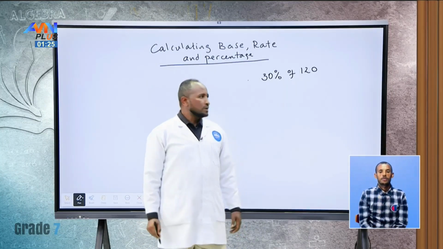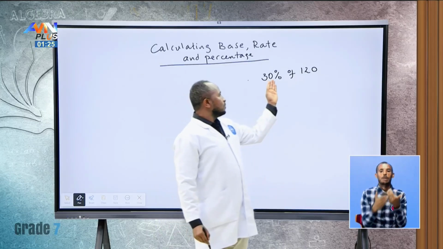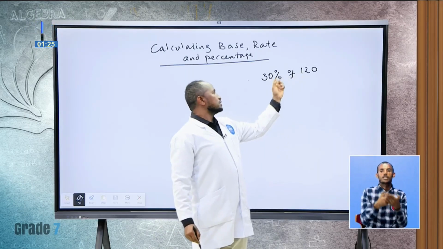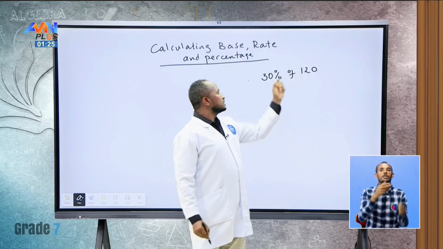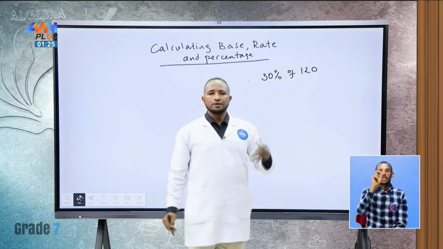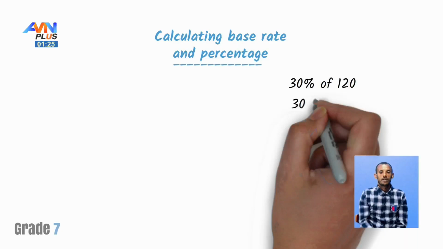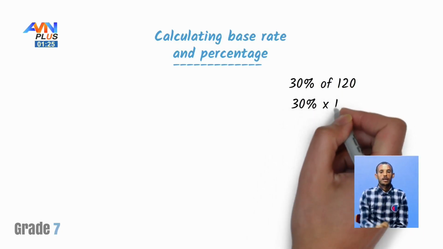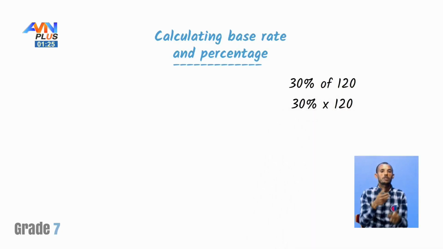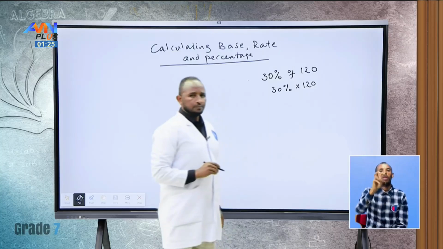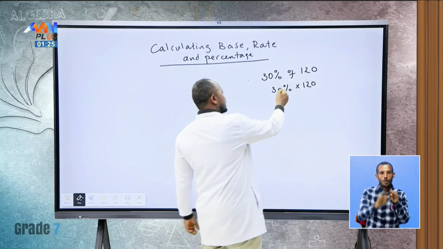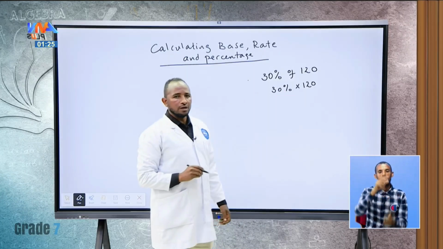To calculate this, simply you multiply these two. 30% of this one means 30% times 120. We can write this 30% in fraction form.